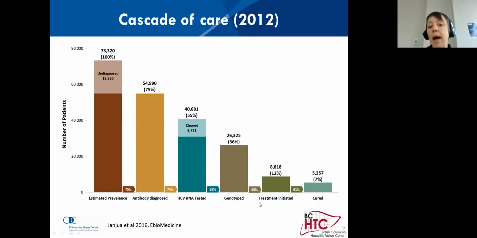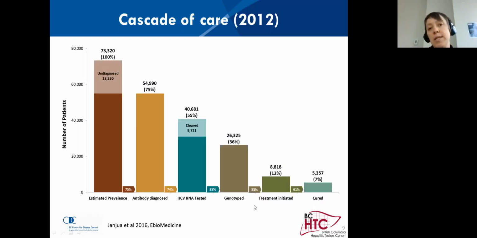So this is the big gap in the cascade of care. So until now, we've seen a pretty smooth progress throughout the cascade of care, but the big gap is in treatment, like who is starting treatment. And we can see that there is some sort of barrier here. So we should expect a higher percentage, but only 33% of the people are starting treatment.